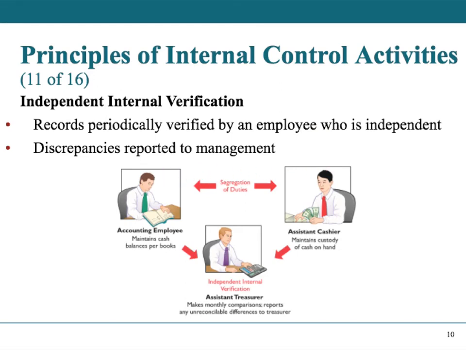We have a segregation of duties here. But we have a third person, an assistant treasurer above both of them, who makes a monthly comparison. So he will be the one to reconcile any discrepancies. So for example, we'll go and count cash and then compare to the records to see, do we have the same amount in both or not?